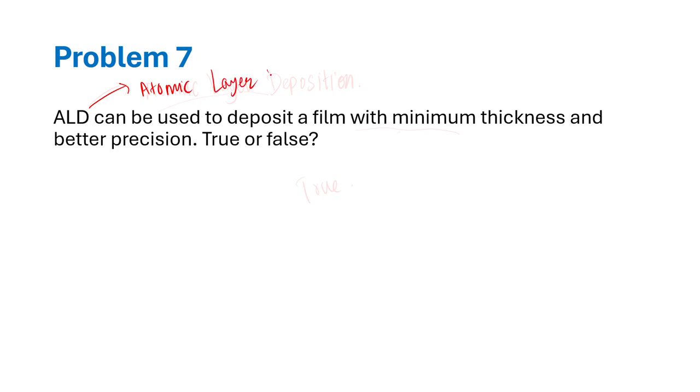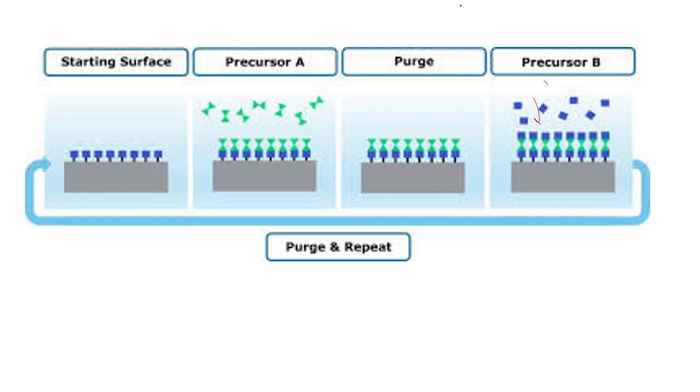What happens in atomic layer deposition processes? We deposit materials by growing them layer by layer. If we have a starting surface, we first allow some precursor A to flow through. That precursor will react with our surface.